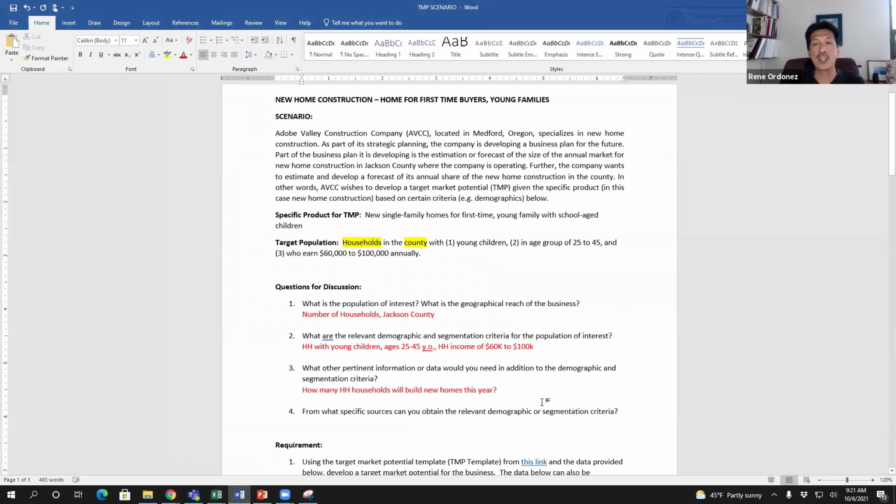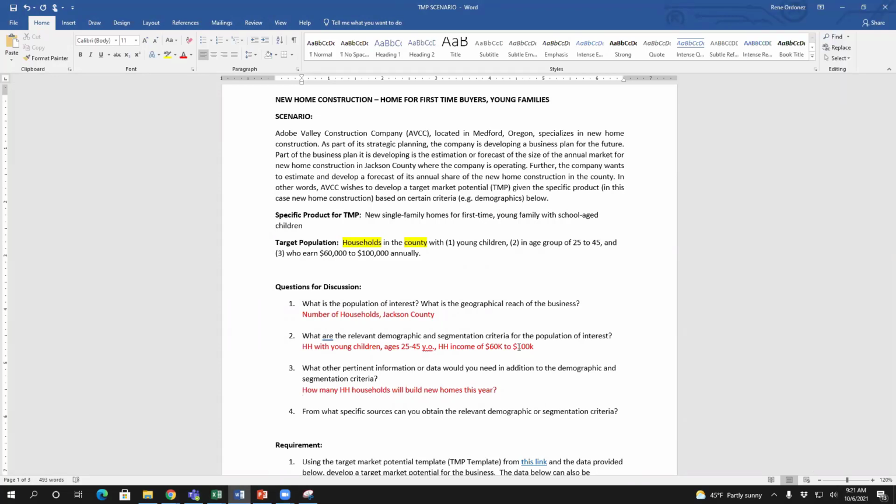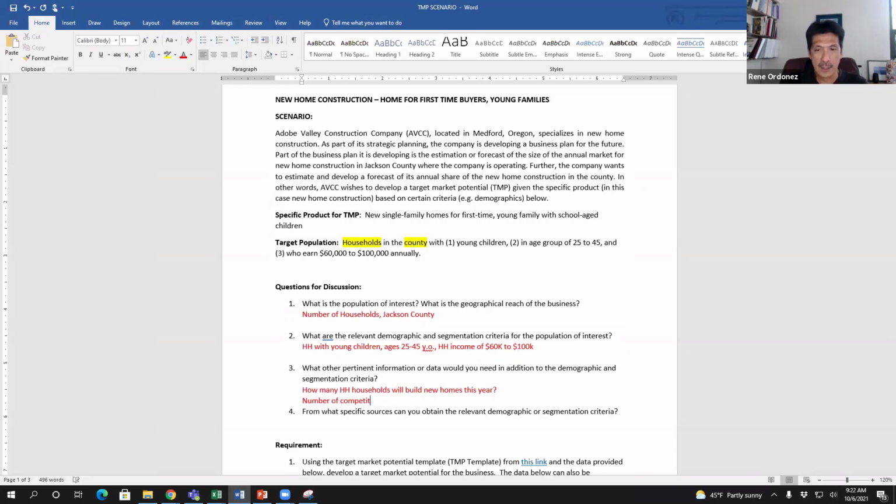So what information would I need to, what was that? Competitors? What competitors? Did you say competitors? Yeah. Okay, well, you will need that number of competitors so that you can determine the share of the pie that you are targeting.